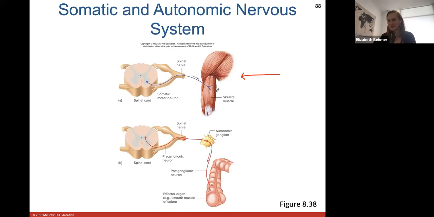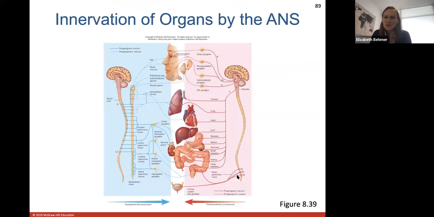The autonomic nervous system function, in contrast, is motor function that travels via a preganglionic and postganglionic neuron, because they go through a ganglion, to an area or organ of the body that is controlled subconsciously, so without you knowing it, like smooth muscle. You don't tell your digestive tract to digest your food. That happens automatically.